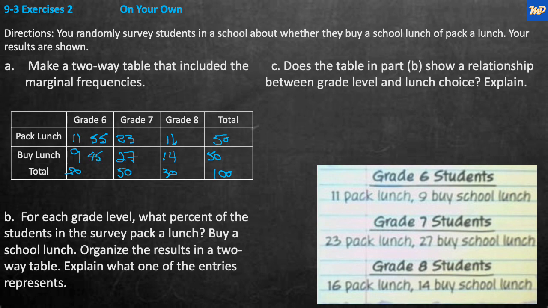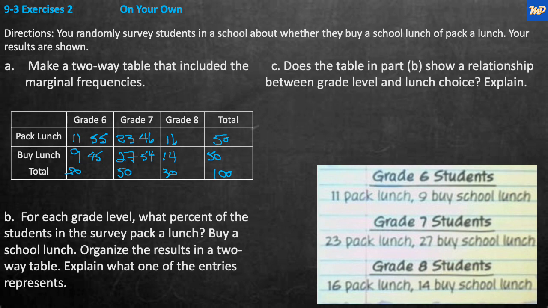Okay? And then if we go over here to the 7th graders, 23 of 50 is 46%. And 27 of 50 is 54%. Now for the 8th graders, we have 11 out of 30.